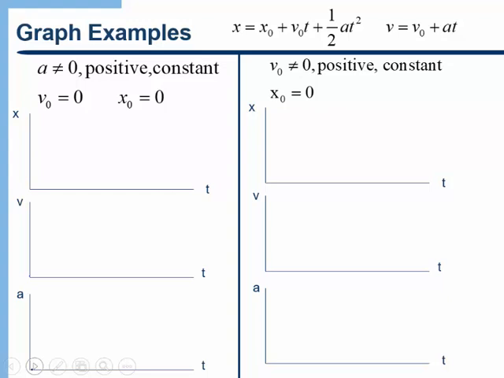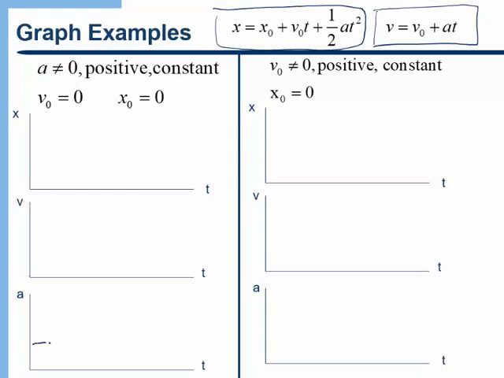Let's develop that idea a little bit further. I want to look at a couple different important examples. And so notice this equation gives us x as a function of time. This equation gives us v as a function of time. So let's look at what some possible graphs would be for first the case where the acceleration is not 0 and it's positive and it's constant.